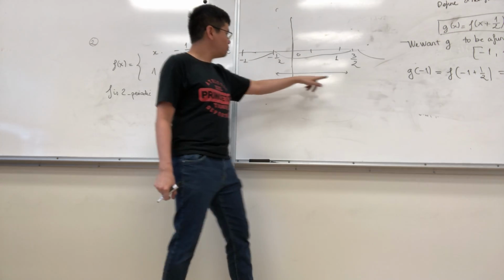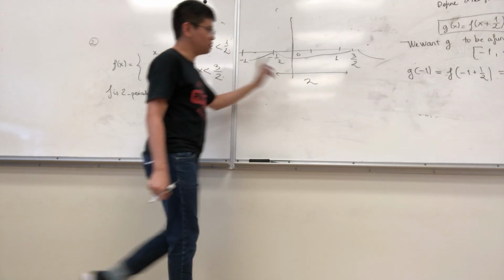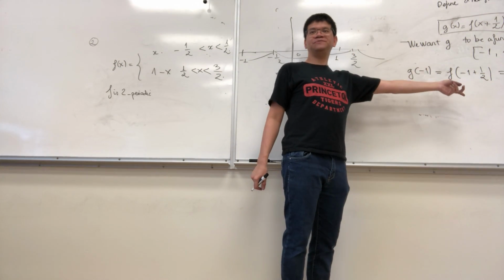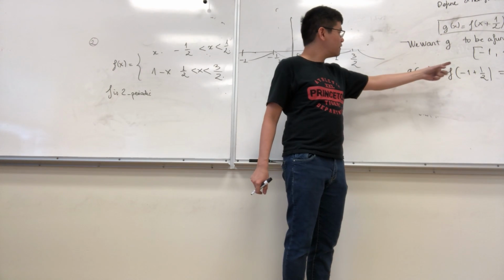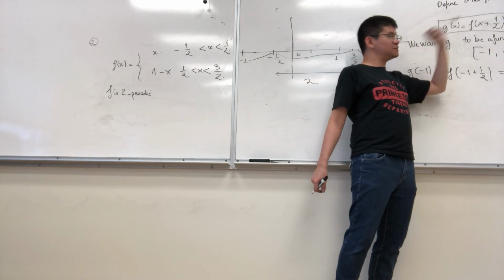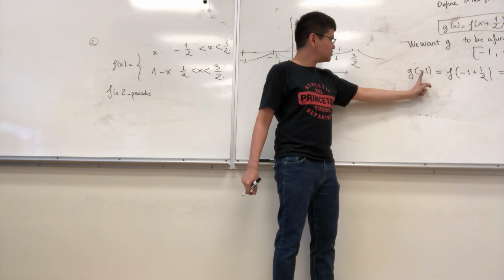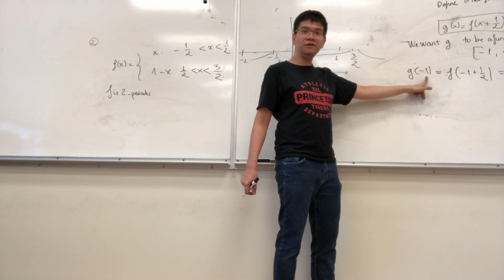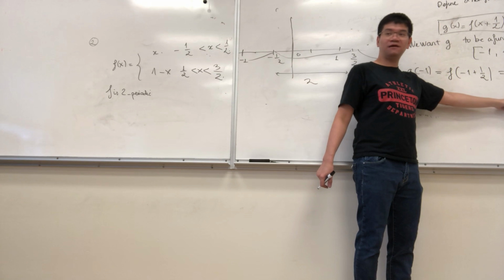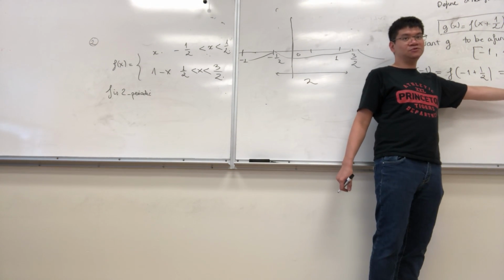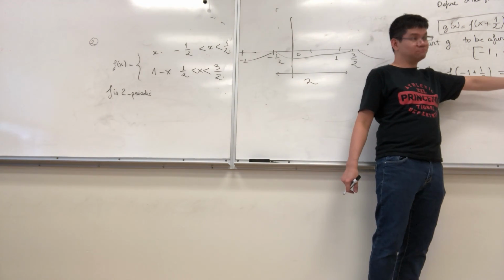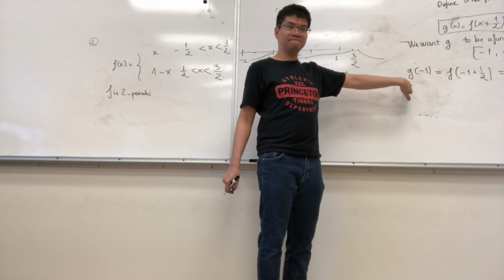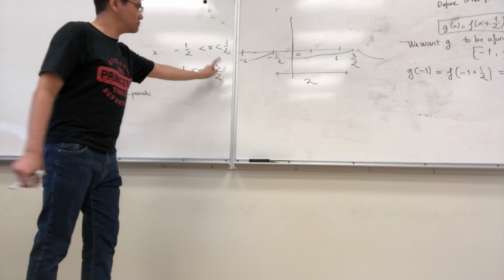Right? So you have an f which is on -1/2 to 3/2, and I want to shift this to -1, 1. So I define g of x to be f of x plus 1/2. So when x is equal to -1, g of -1 will be f of -1 plus 1/2, and this is f of -1/2, which means that I shift -1/2 of f to -1 of g, right? And I'm going to check the other end.